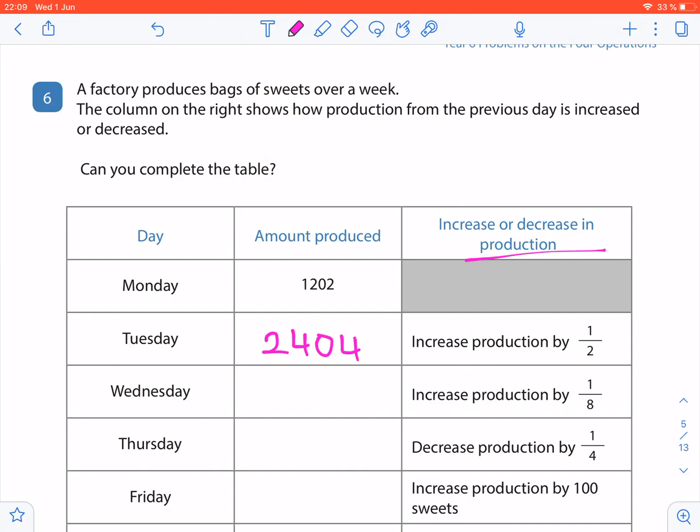Then it increased by 1/8, so that means it was 8 times bigger. And so you can do a little bit of working in the corner and just do 2,404 times 8. Okay, now for speed, I'm just going to quickly do it here. So that's 19,232.